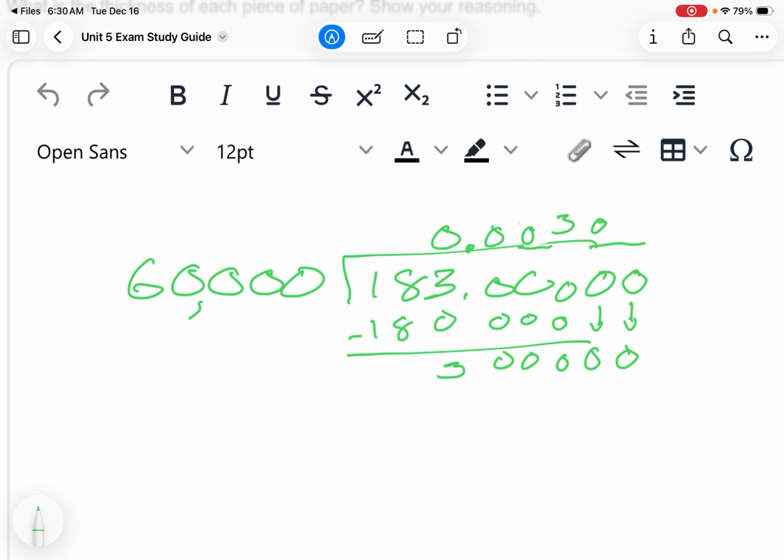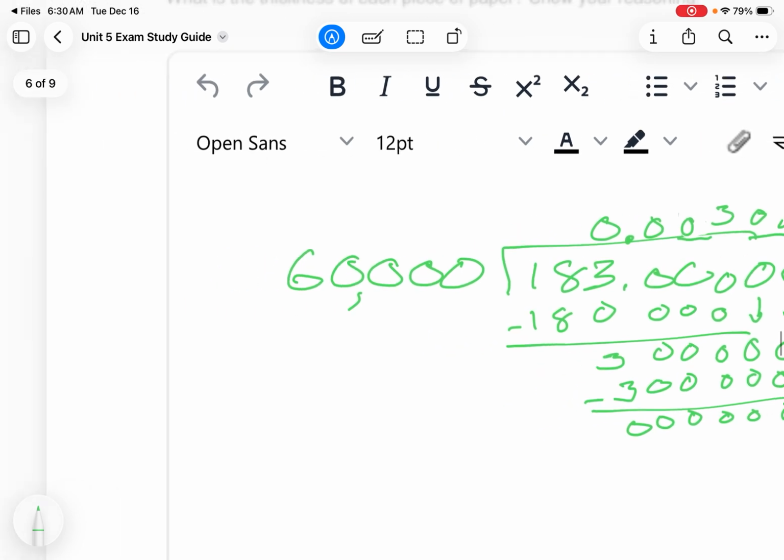60 goes into 300,000 5 times. And so that's 300,000. And so when we subtract, we get 0.